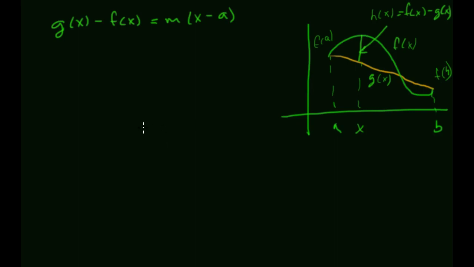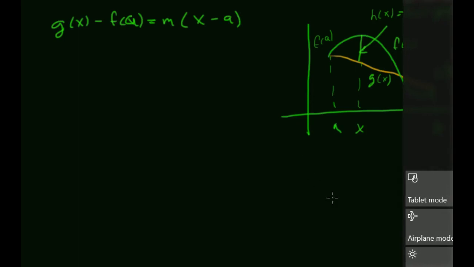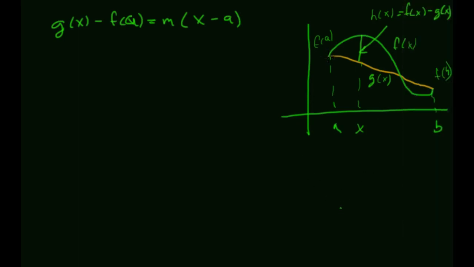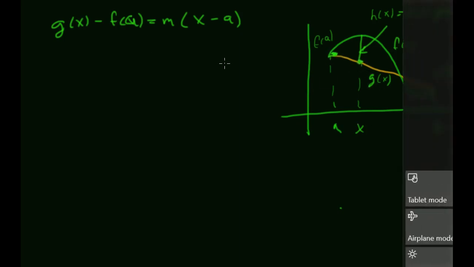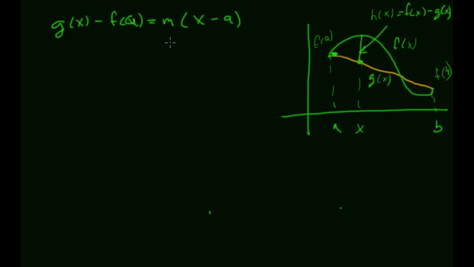Okay, so wait a minute, let's think about what this is, right? So, sorry, g of f, not f of x, let's fix that. g of x minus f of a, right, should be equal to m times some x minus a. So what I'm looking at here is essentially the point f at a, the point g at x, because g of x is equal to f of x at a and b, right? So that's pretty straightforward.